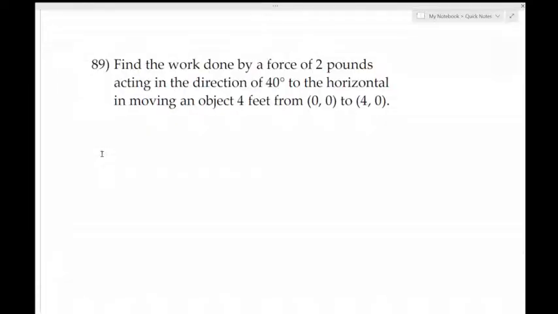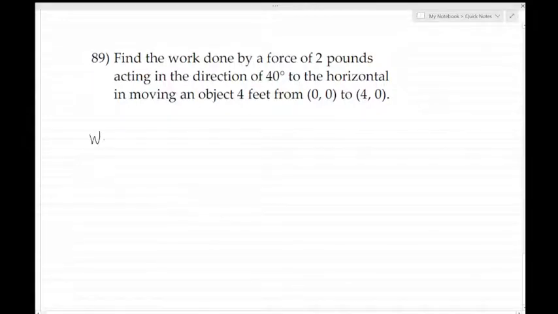Problem 89. Find the work done by a force of 2 pounds acting in a direction of 40 degrees to the horizontal in moving an object 4 feet from point (0, 0) to point (4, 0). Once again, we're looking for the work, and work is the magnitude of the force times the magnitude of the distance that is being moved times cosine of the angle that the force makes with the horizontal.